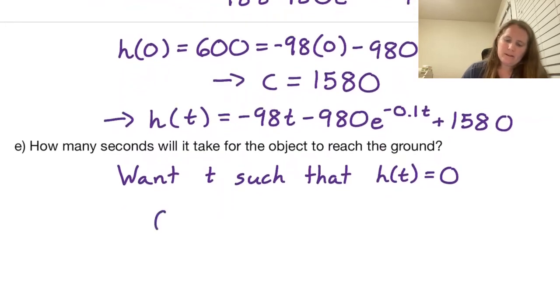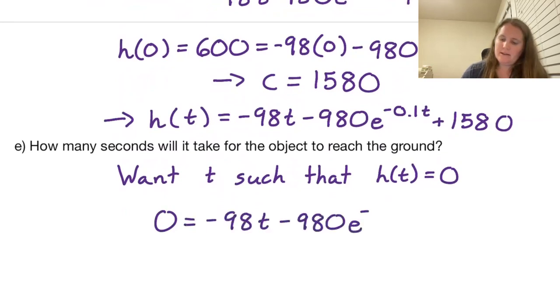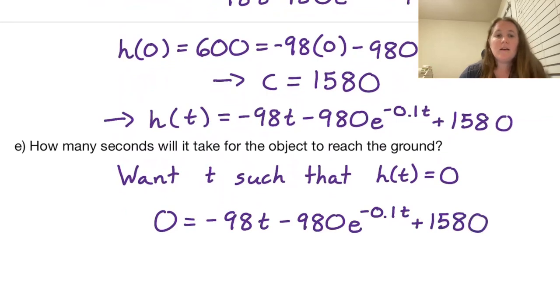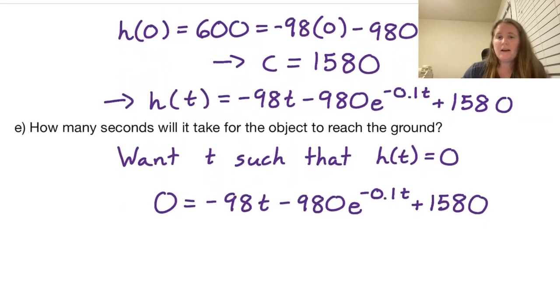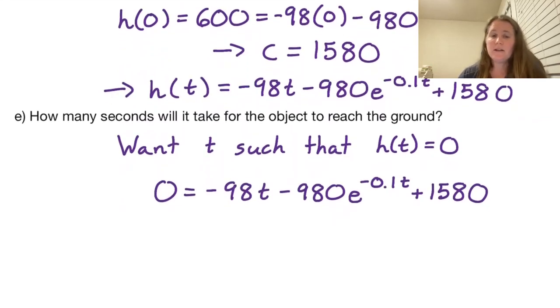So we're looking at 0 is equal to negative 98t minus 980 e to the negative 0.1 t plus 1580. This is not an equation that I can easily solve by hand. I'm just going to go ahead and use technology to do this.